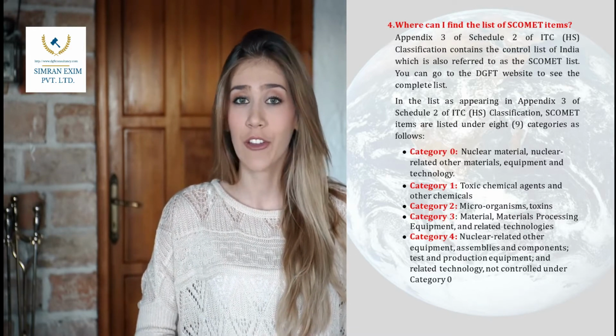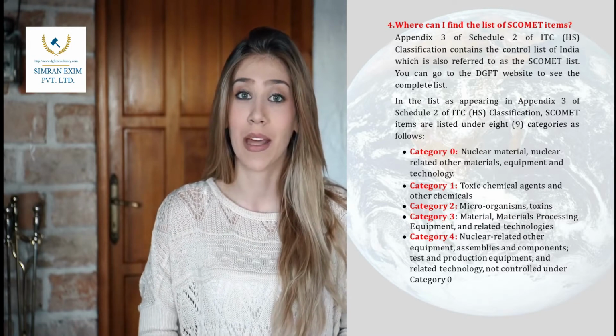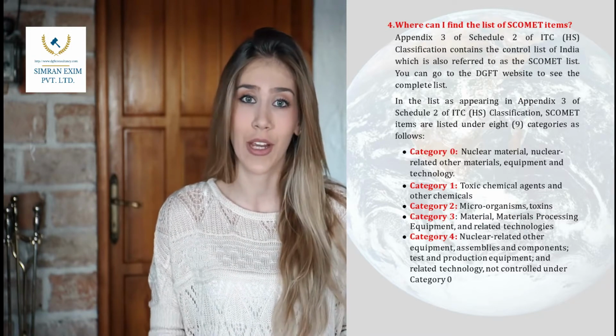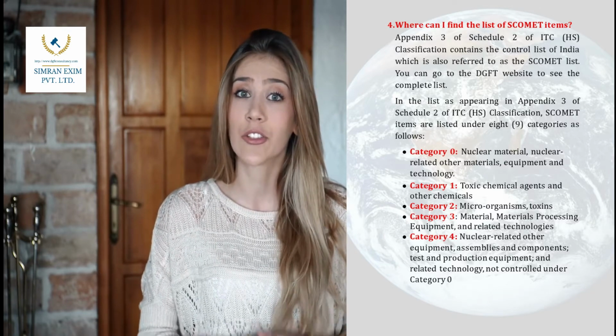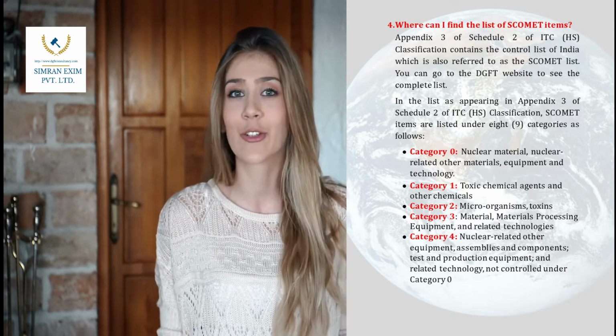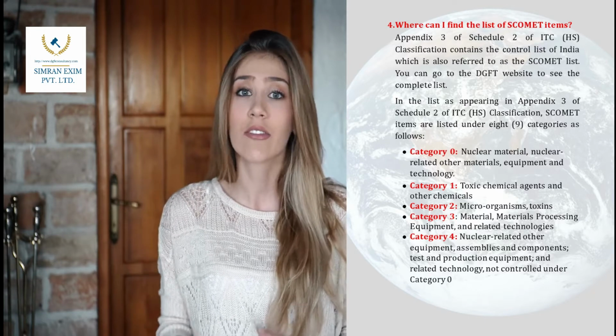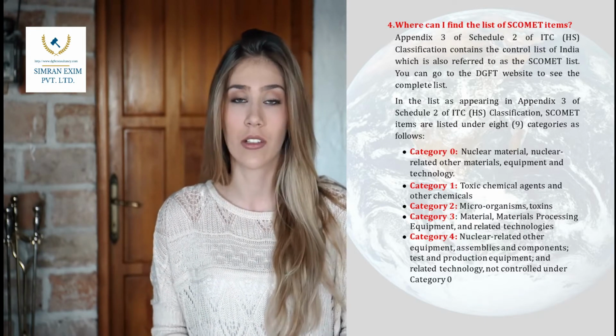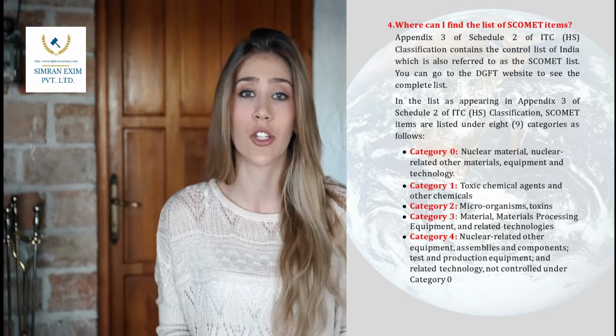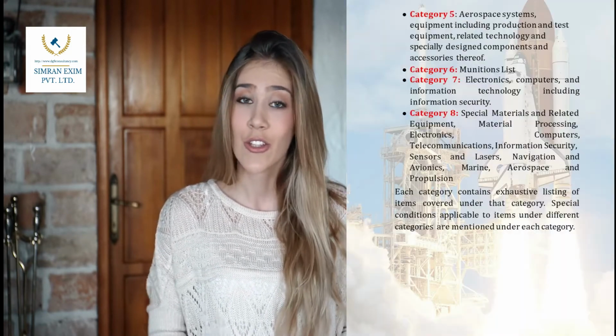Category 2, Micro-organisms, toxins. Category 3, Material, materials processing equipment, and related technologies. Category 4, Nuclear-related other equipment, assemblies and components, test and production equipment, and related technology, not controlled under Category 0.